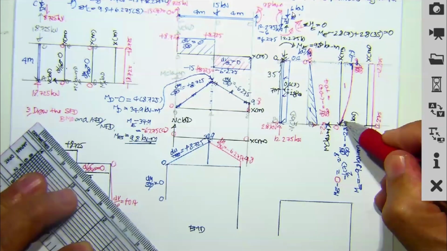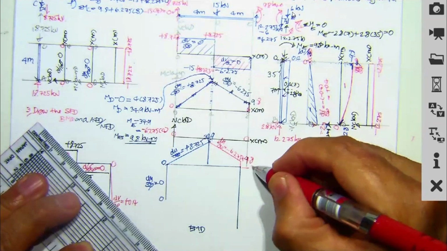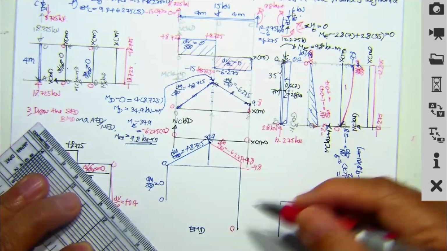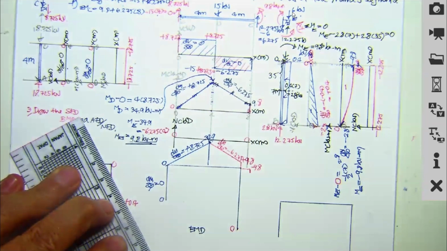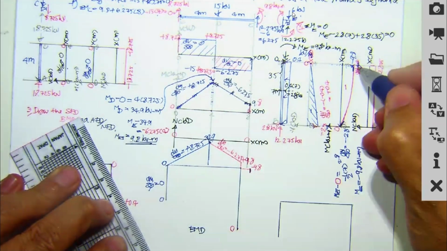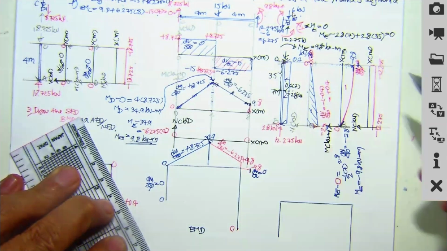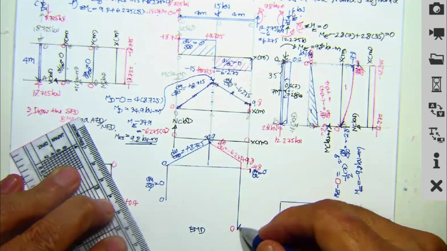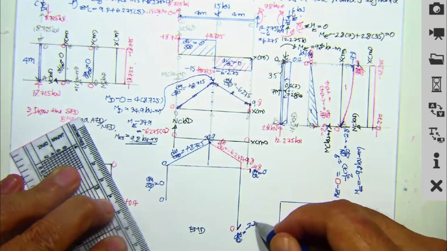Then for this one, we have minus 9.8, and this is 0. Our slope here is 0, dm by dx equal to 0. Over here, minus 2.8. This is dm by dx equal to minus 2.8.